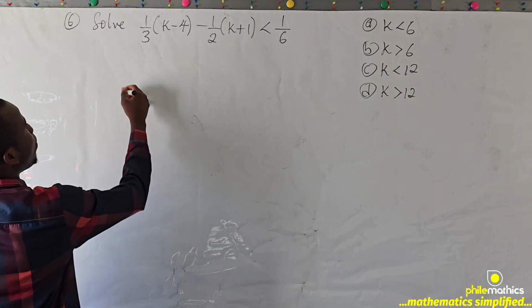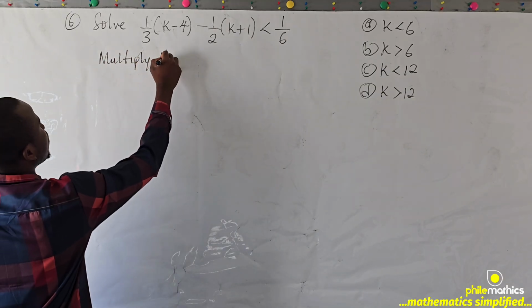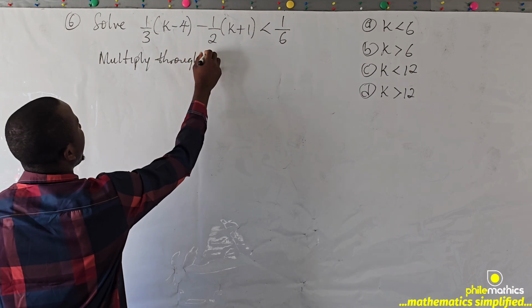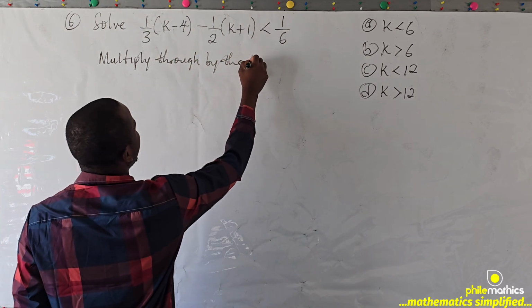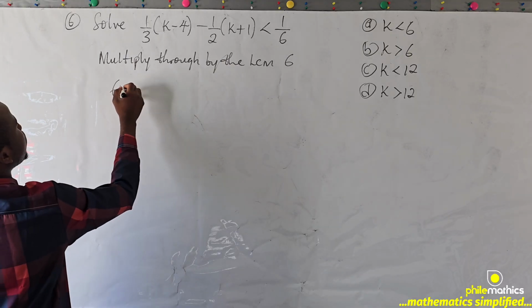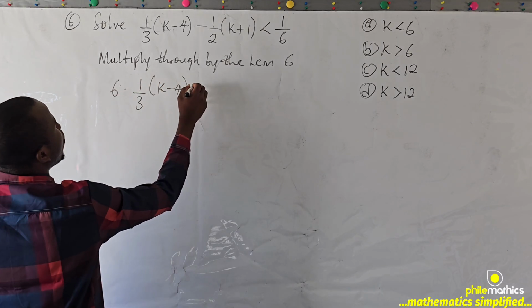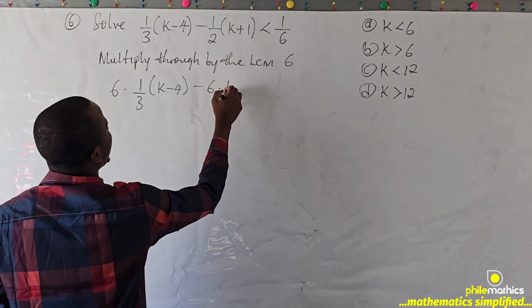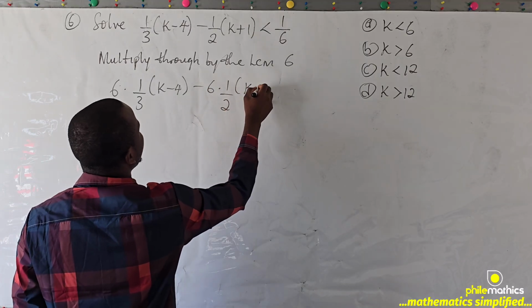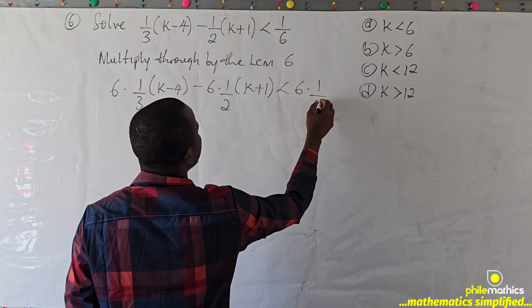So we multiply through by the LCM, which is 6. We'll have 6 multiplied by 1 over 3 (k minus 4) minus 6 multiplied by 1 over 2 (k plus 1) less than 6 multiplied by 1 over 6.